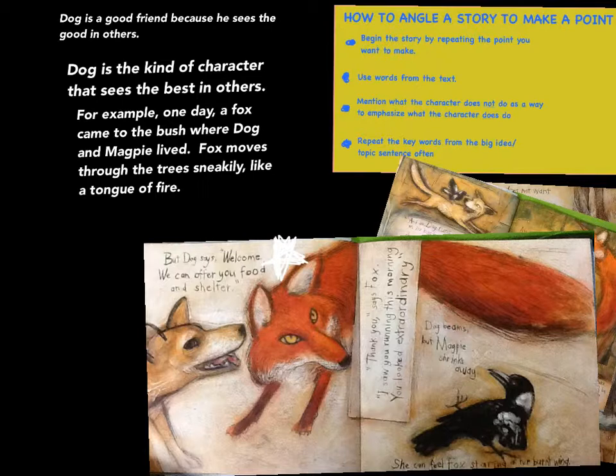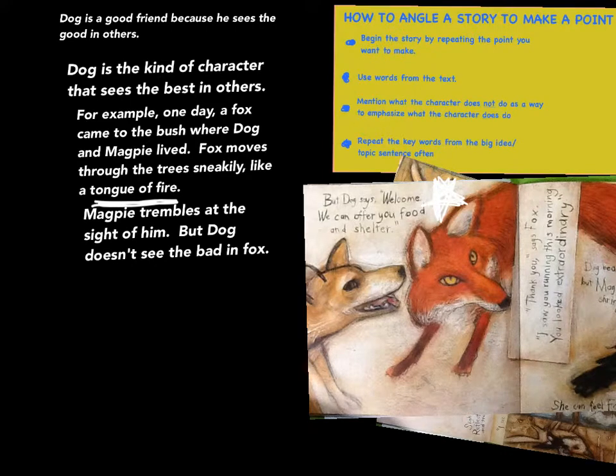Notice that as I'm writing this, I'm choosing carefully some very specific words that come from the text, like this here, tongue of fire. This will help to paint a picture for my readers. I'll continue on by saying Magpie trembles at the sight of him, but Dog doesn't see the bad in Fox.